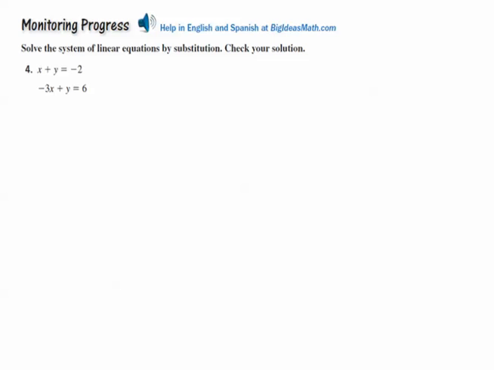Now, first thing that I need to do is take one of my equations. I'll take the first equation: x plus y is equal to negative 2. I can simply subtract x from both sides and I end up with y is equal to negative x minus 2.